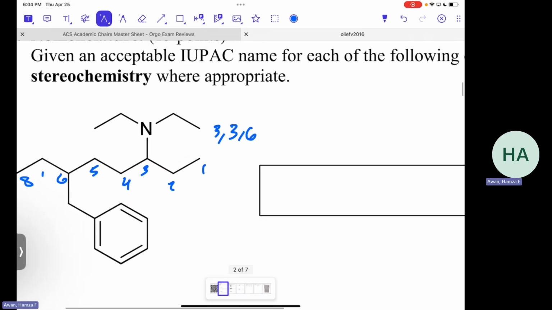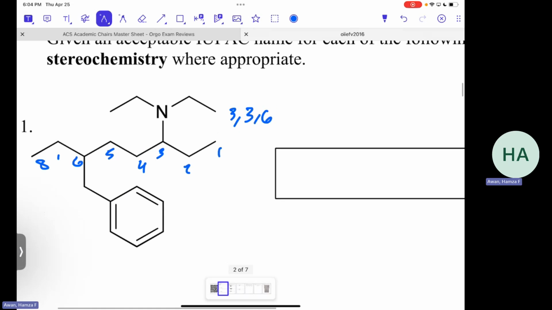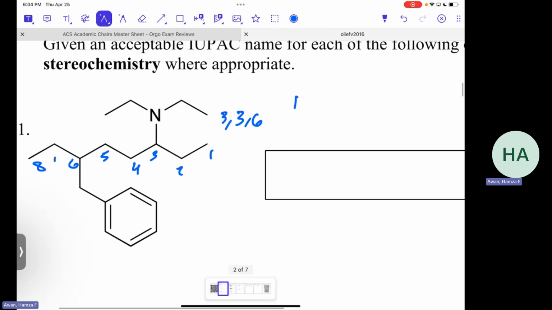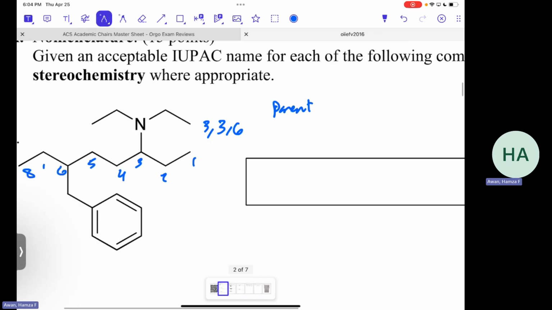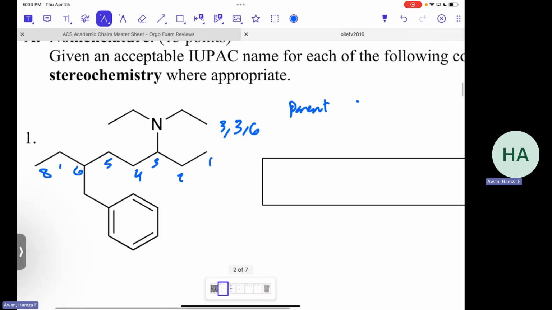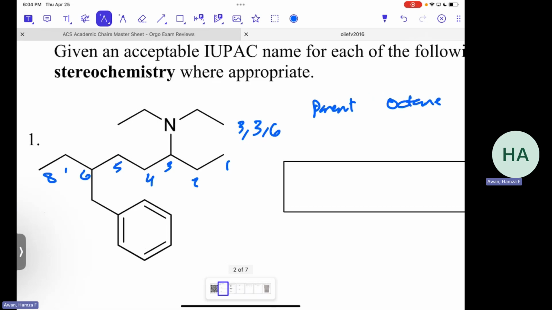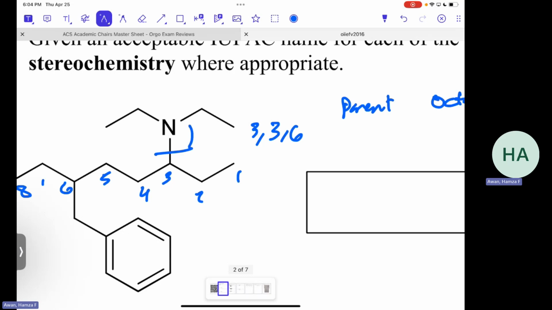And then whenever we start, we're gonna start with the parent. So for the parent, it's an octane chain. So we can start with the octane, I guess. But then we know we have to put the amine as the parent, because this is gonna be our highest priority group.